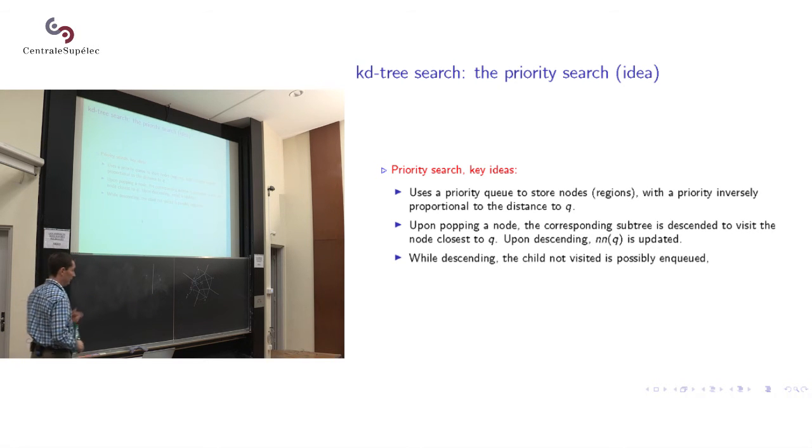And so there is a final refinement here, which is known as the priority search. In the priority search, one is trying to minimize the number of nodes, or equivalently the number of regions which are visited. And this process uses a priority queue, right?